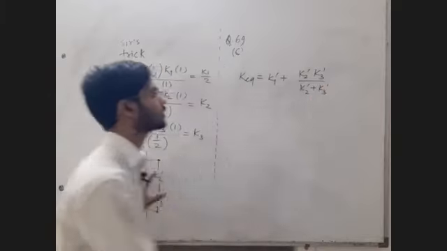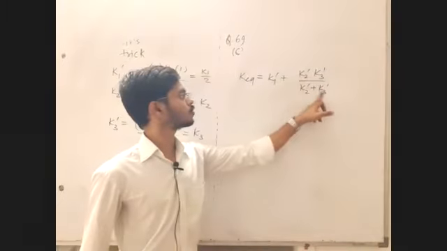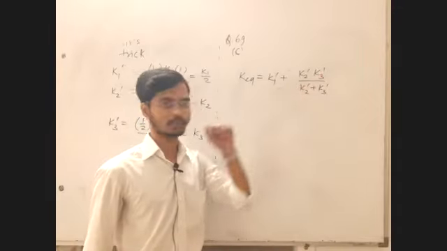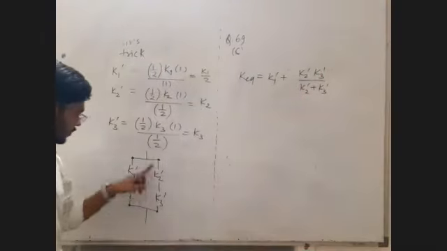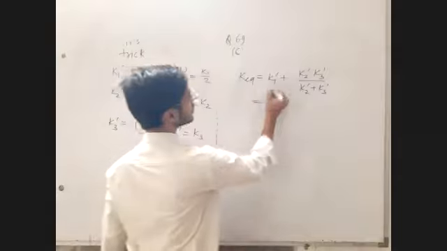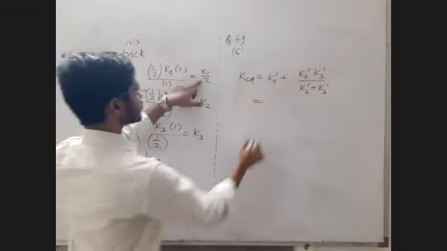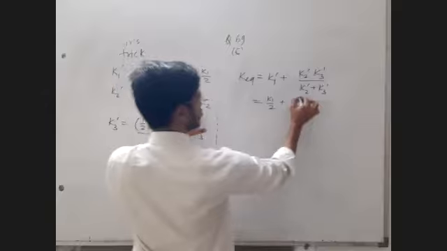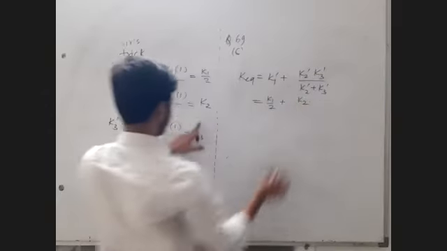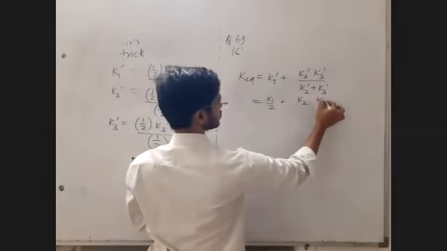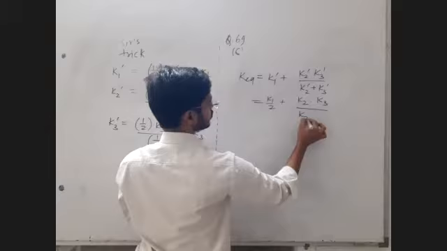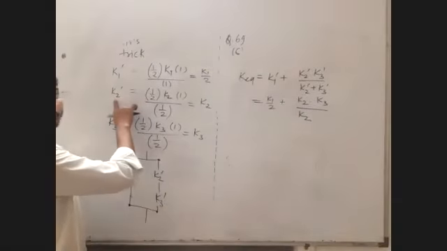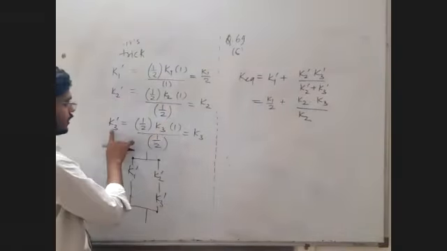Just like K2 K3 upon K2 plus K3, I have written K2 dash K3 dash upon K2 dash plus K3 dash. Now K1 dash I have found out, it is K1 by 2, plus K2 dash is K2, K3 dash is K3.